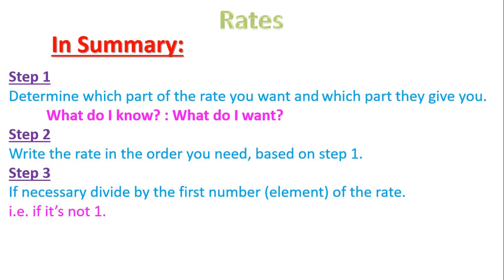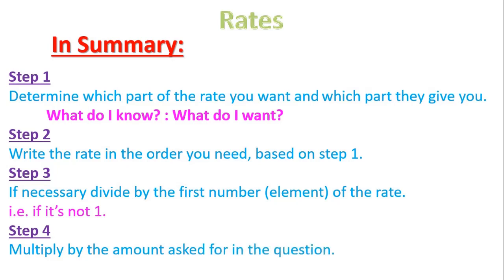We then have to divide by that number. If it's 1, we don't have to. But if it's not 1, then we do have to do that. Step 4. Multiply by the amount asked for in the question. So once we've got 1 liter equals so-and-so, they want 20 liters, we multiply by 20.